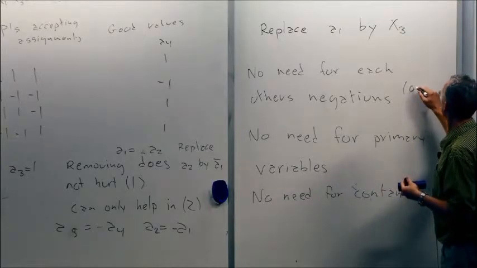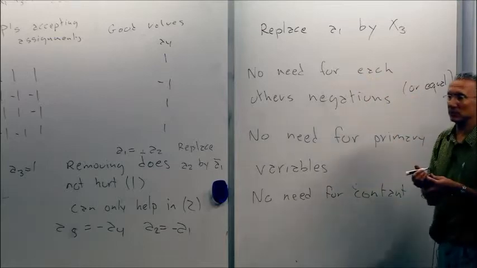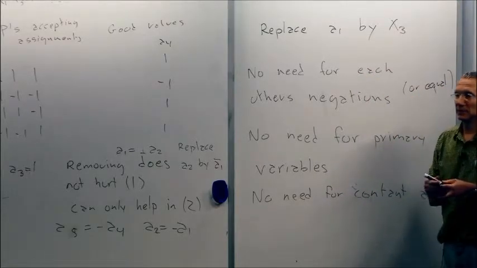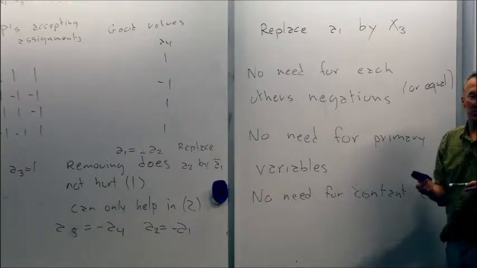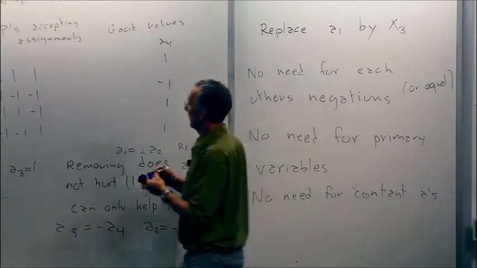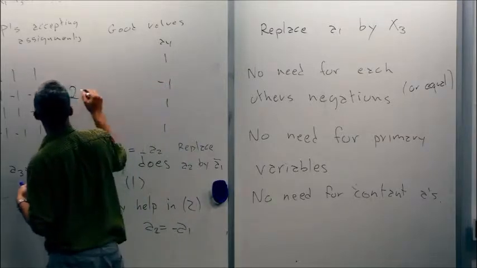Or equal. Two auxiliary variables that always took the same value, we don't care either. How many do we have? How many auxiliary variables could we possibly need? Two to the number of satisfying assignments, and you get rid of the all ones, all minus ones, and the original assignments, and pair them up.